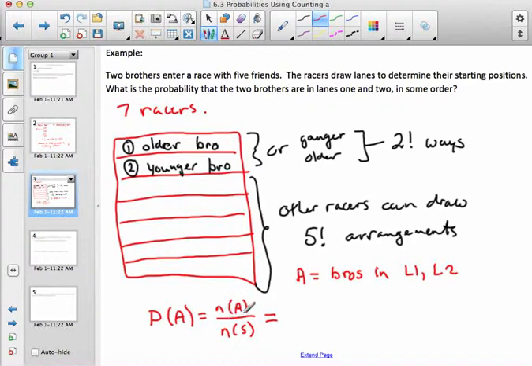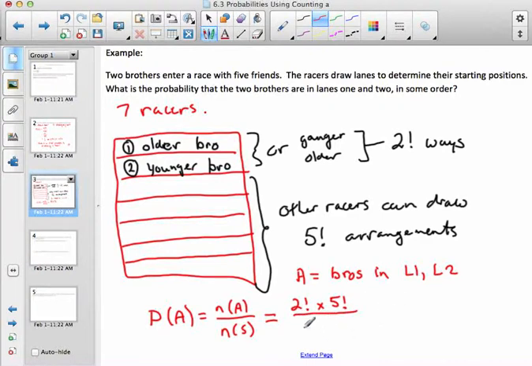So the number of ways that the brothers can be in lanes 1 and 2 is 2 factorial, right? So either older, younger in lanes 1 and 2, or younger, older in lanes 1 and 2. So 2 factorial. However, we have to account for the fact that the other 5 racers could be in any arrangement of 5. So that's how many different ways we can order the brothers in lanes 1 and 2.